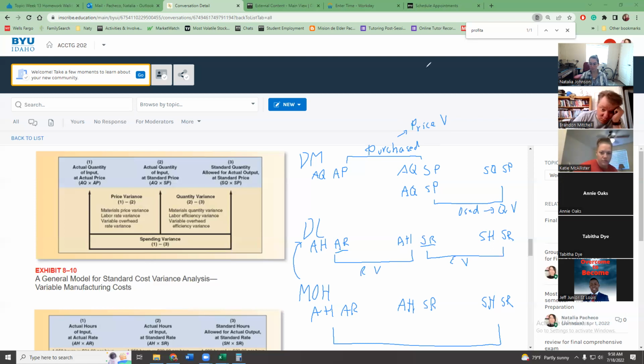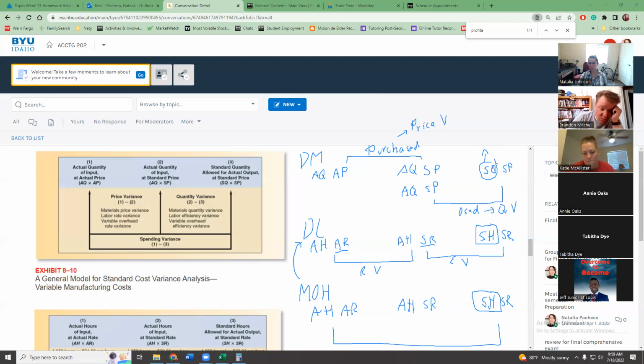And to find the standard quantity, we take what is allowed and multiply it by the actual output, right? When we're looking for the standard quantity and the standard hours. Yeah, I just want to make sure I remember how to get those. Yeah, it's awesome because they will give you maybe a standard quantity, but only for one product.